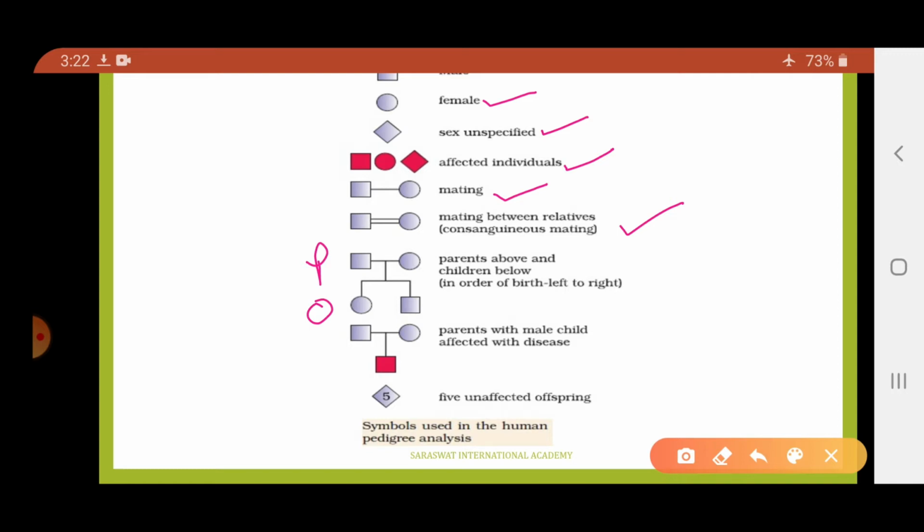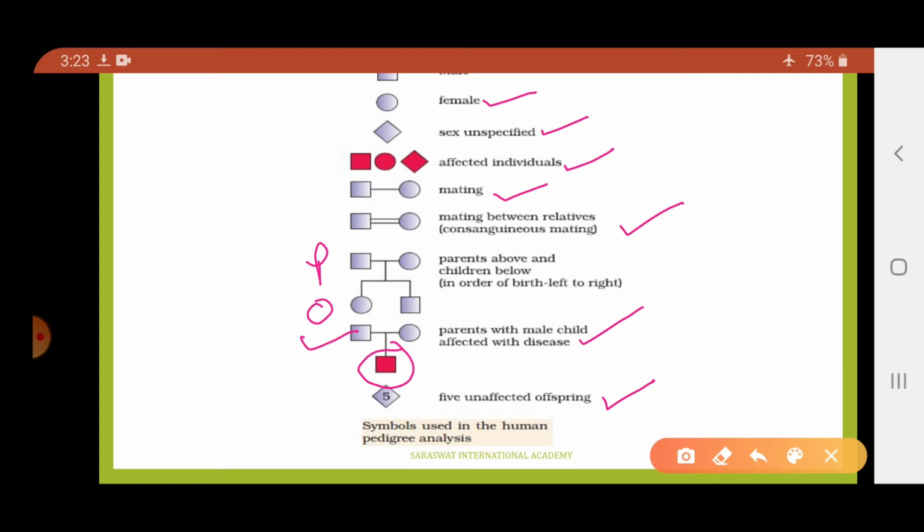Now in this particular figure you can see that this square is shaded. The parents are normal. See here, these are the parents, they are unshaded, but a male child is affected with the disease. Now this number inside a rhombus-like structure represents the number of unaffected offspring.